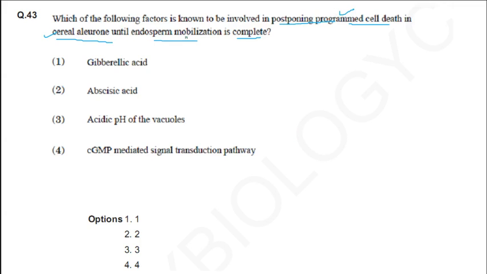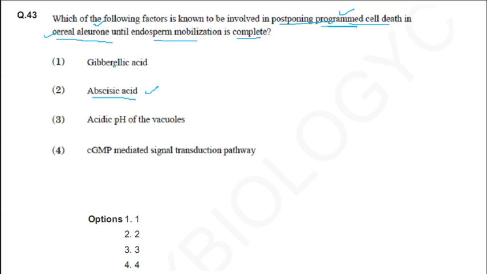Okay, so until endosperm mobilization is complete, the hormone which will postpone the process is abscisic acid. Okay, I already told you this is an inhibitory hormone. It has the antagonistic role of gibberellin. So postponing the role of gibberellic acid will be abscisic acid. Okay, the answer will be 2.